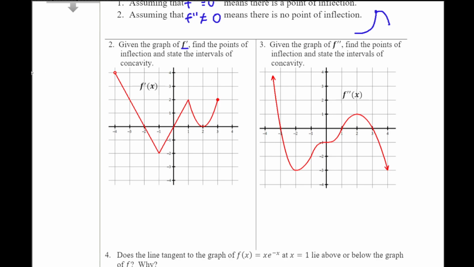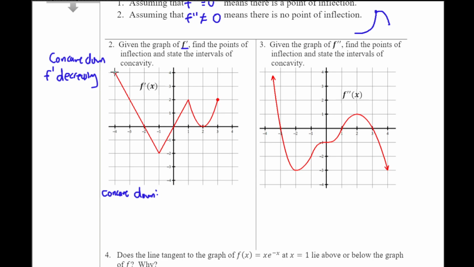So remember, for concave down, f prime has to be decreasing. So for concave down, we're just looking at when the f prime graph is decreasing.